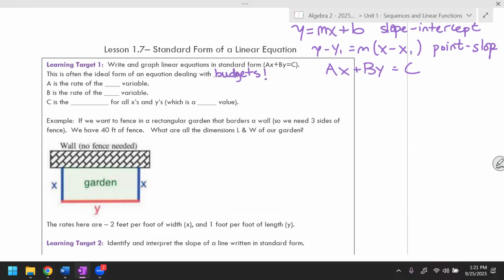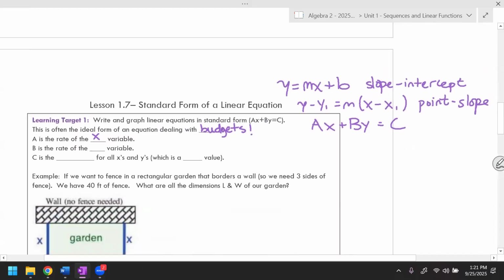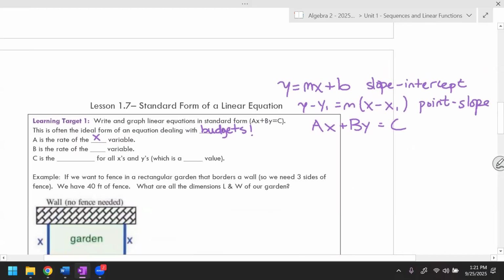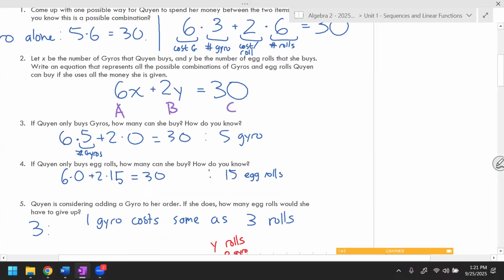Here, A is what we'll call the rate of that first variable, the x variable. Rate is kind of an abstract term. The best way I can describe it is how much each x costs you in your budget. In this example, A was 6 because every euro cost us 6. B was 2 because every egg roll cost us 2.